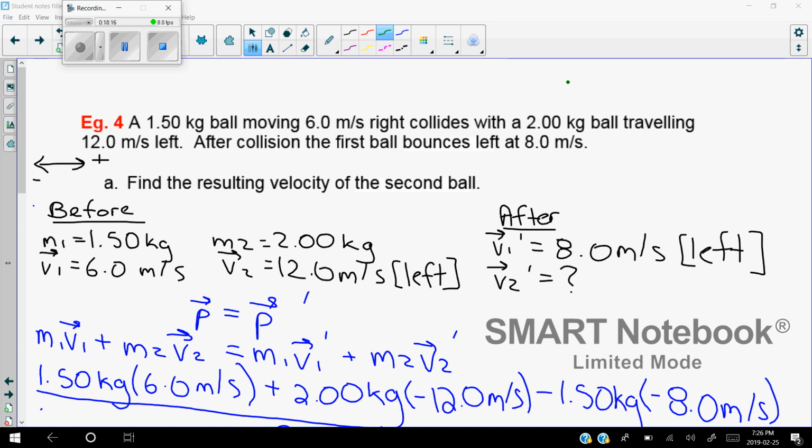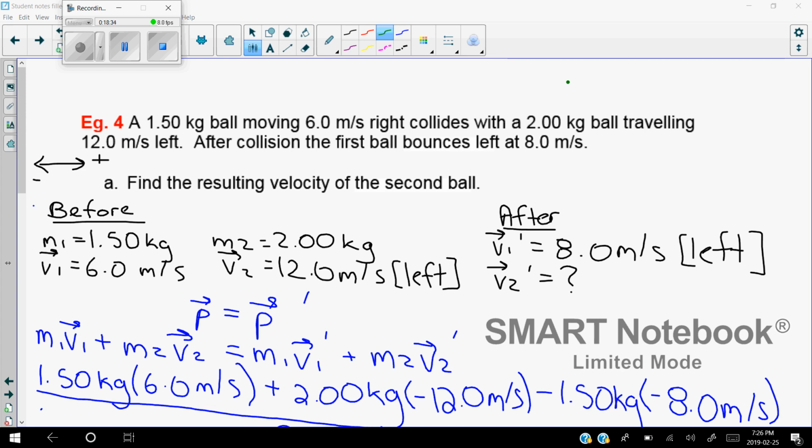And make sure you include directions. 12 meters per second left. And then we will need the final velocities as well.